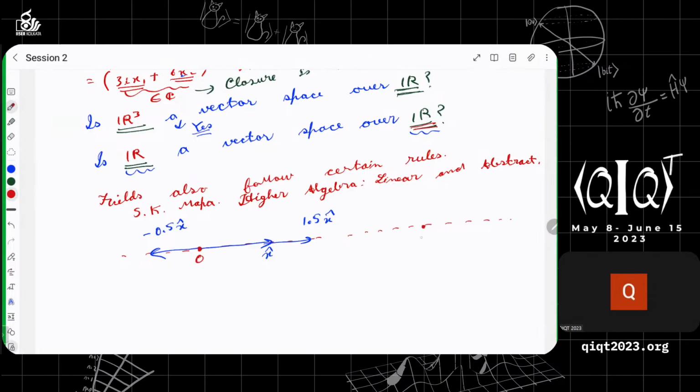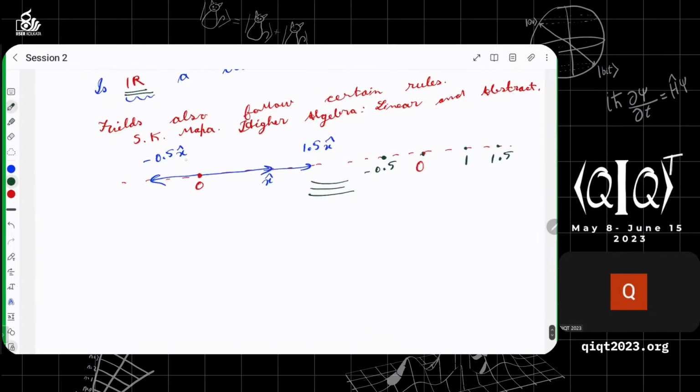The thing is that since there is only one dimension involved, and there's only one unit vector, the x roof denoting the direction is sort of redundant. We could also just denote these points by numbers, right? So points minus 0.5, 0, 1 and 1.5 all correspond, and they would be totally equivalent. You can write x roof if you want, you can avoid it if you want.